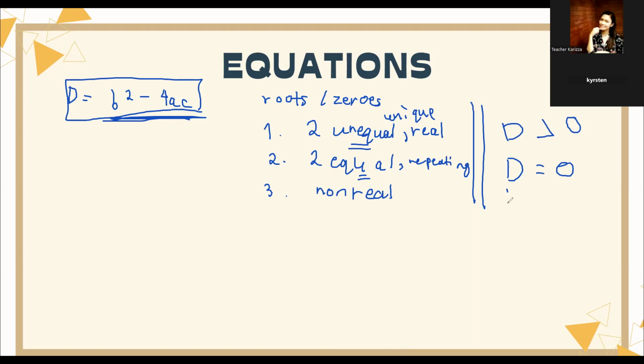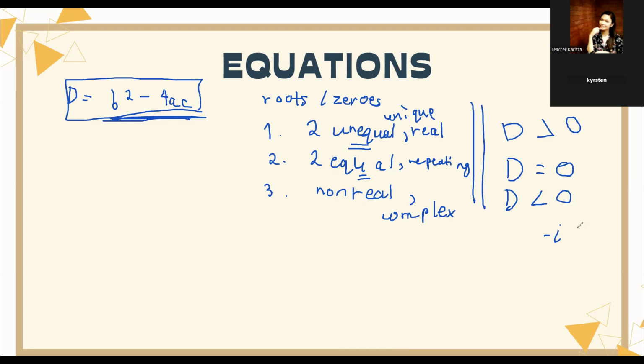And if your discriminant is less than 0, you don't have real roots. They're non-real, sometimes referred to as complex. So usually, you remember your imaginary numbers. That is when it will come into play.